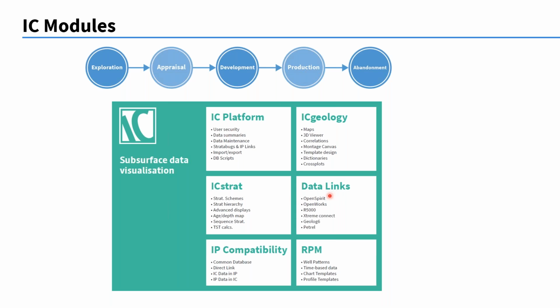It also has a data links option that allows you to connect to different products like OpenSpirit or even IP. And it also has an RPM module for reservoir performance and allows you to monitor time-based data, like your production data. And then lastly, it has an IP compatibility, which is what I'm going to be focused on in this section, as I know that the audience today are petrophysicists.